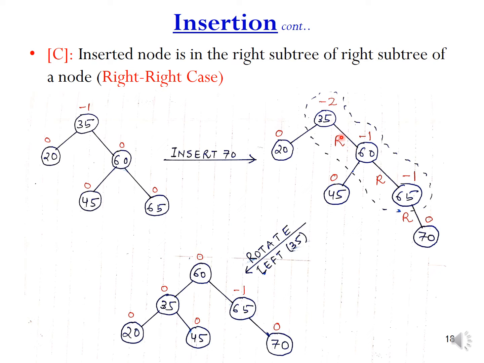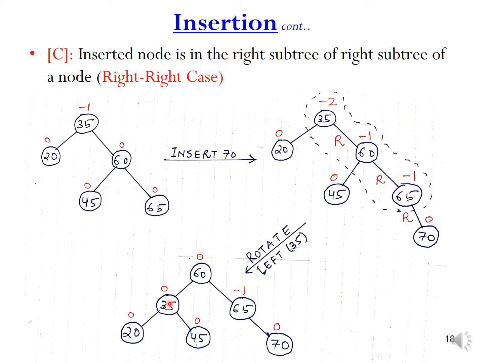So we will rotate left the 35, and we will perform only a single rotation, because this is the right case. If this is a right case or left case, we perform only single rotations. So we rotate left this 35.